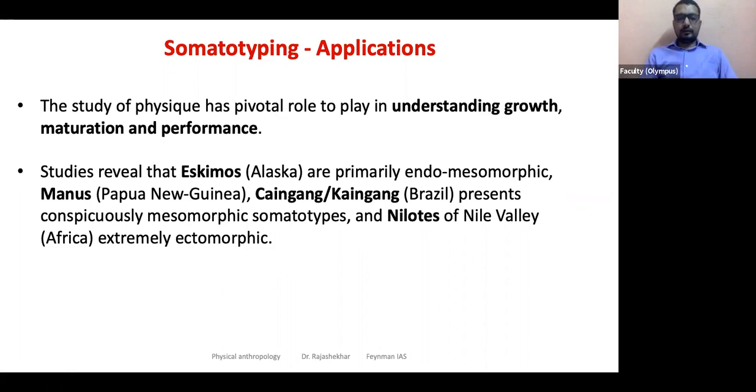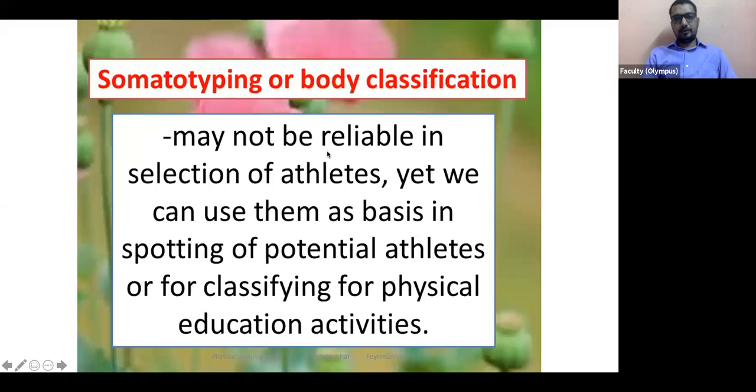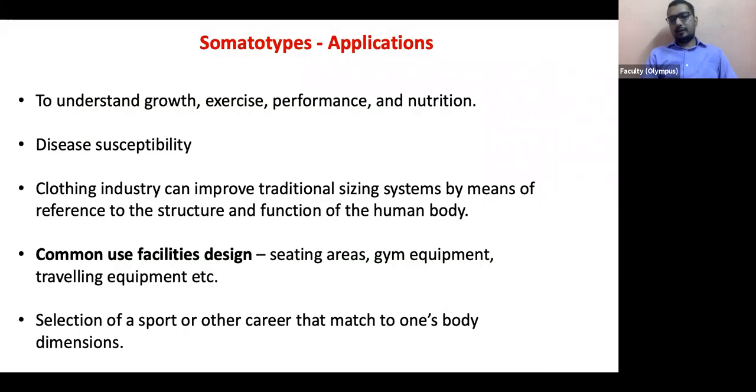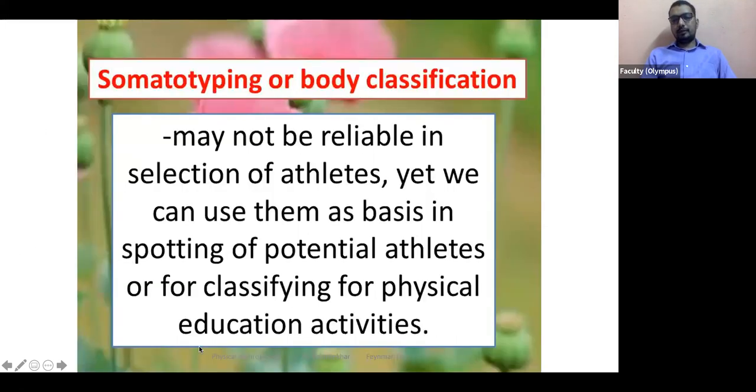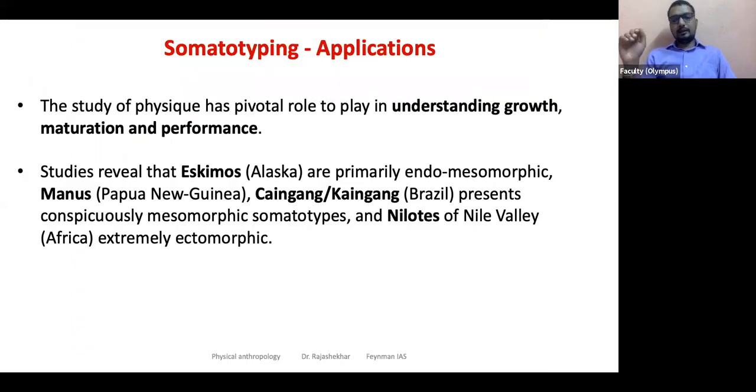Okay, right. Like that, somatotyping may have different applications or uses, as I mentioned to you here, starting from understanding the various aspects of growth, exercise, performance, and nutrition, disease susceptibility, which we talked about, and helping in defining or redefining sizes for the textile industry, for designing clothes, and for utilizing common facilities, and also for spotting individuals who have better potential in performing well in a given sport. And also even some ethnic differences.